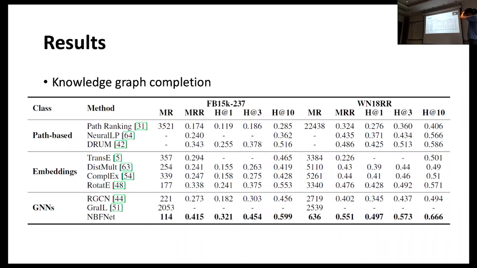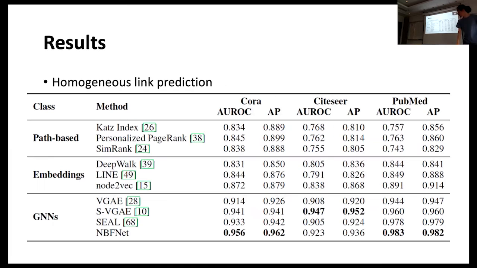So here are the results of NBFNet on standard benchmarks. This is a standard knowledge graph completion benchmark. For the metric like MR, smaller is better, and for the rest of the metrics, larger is better. We also tested on a somewhat degenerate case of knowledge graph reasoning, which is homogeneous graph link prediction.